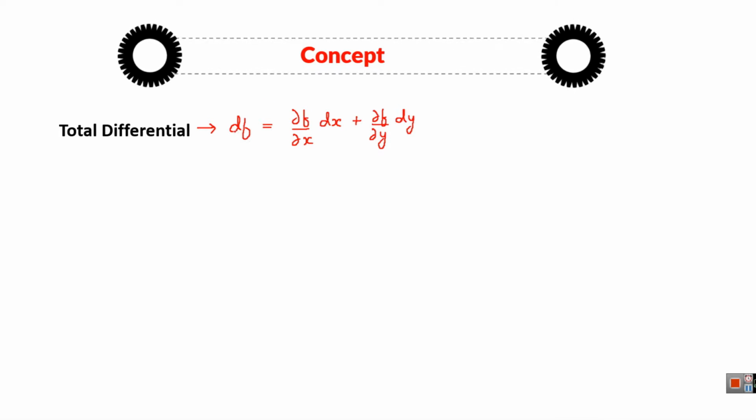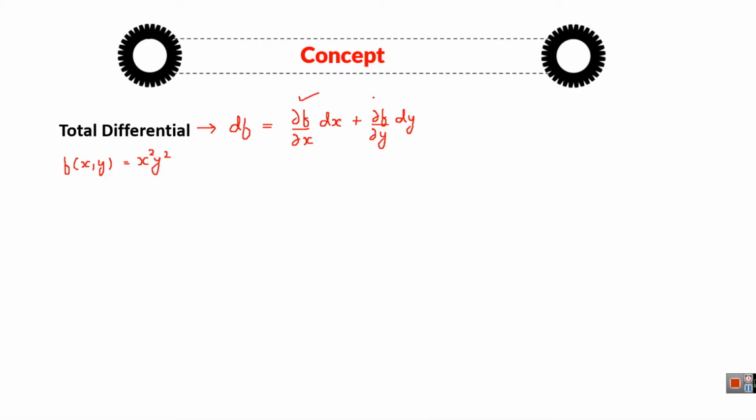So whenever we have to find the total differential, we need this equation and the terms included in this equation, that is the partial derivatives of the function with respect to x and y. So let's say we have a function in two variables, that is x square y square, and we have to find the total differential of that particular function. Then we have to find the partial derivative with respect to x and the partial derivative of that function with respect to y.